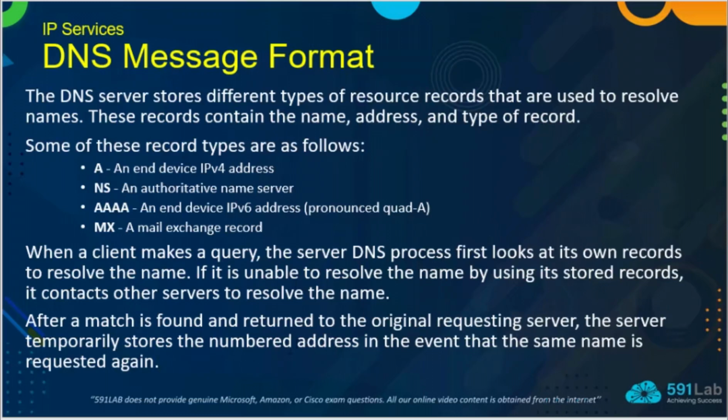After a match is found, it returns to the original requesting server, and then the server temporarily stores the numbered address in the event that the same name is requested again. We call it a cache, whereby it saves the IP address of that fully qualified name. So in case you're trying to go to that same site, instead of making those requests again, it will quickly resolve it for you on your local DNS server. Alright, so that's what happens with DNS.